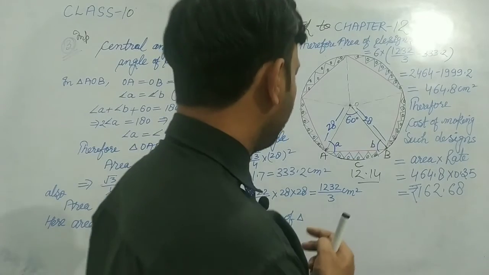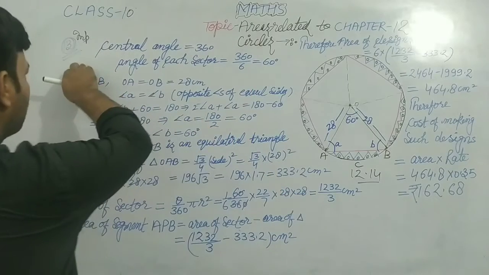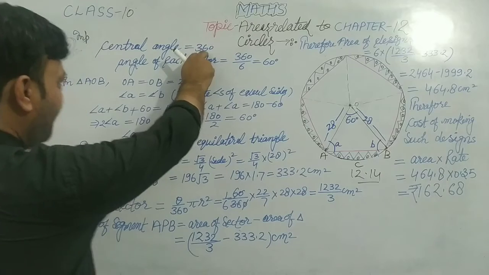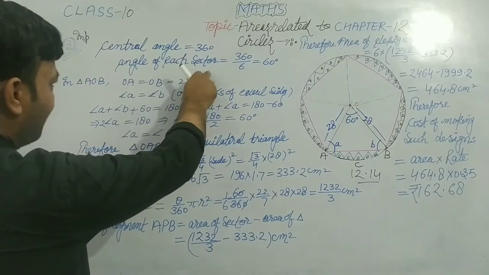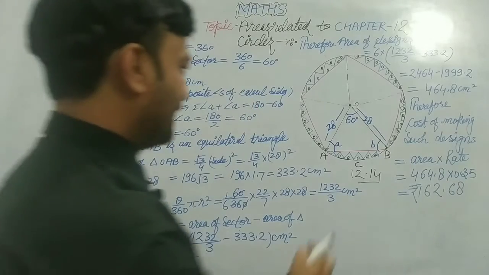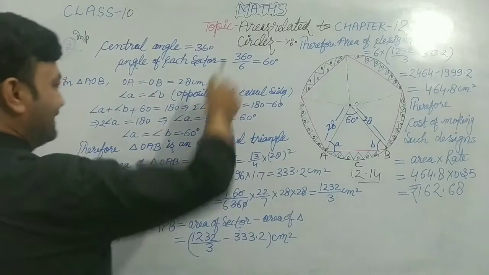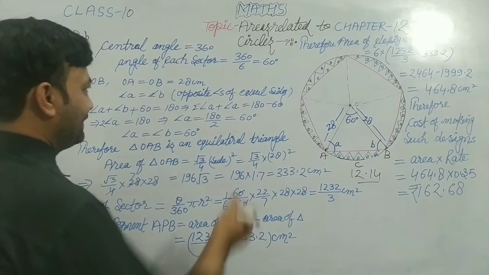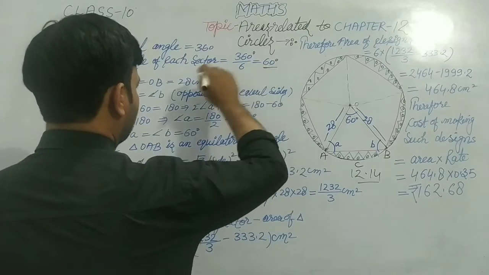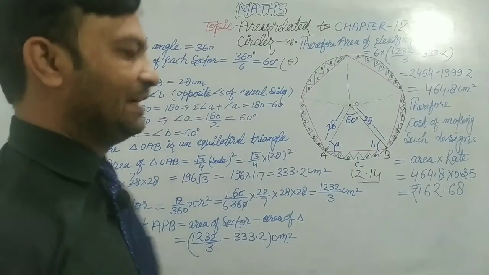So here in question 13, the central angle equals 360. The angle of each sector is 360 upon 6. Why? Because we have 6 sectors, therefore we divide the 360 angle by 6. So we get the sector angle theta equals 60 degree.